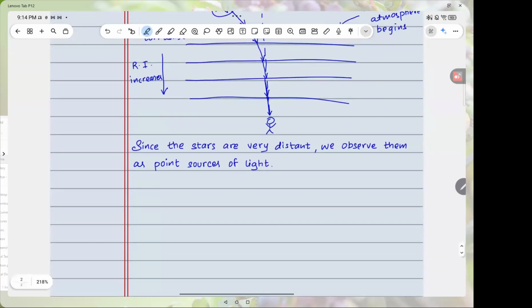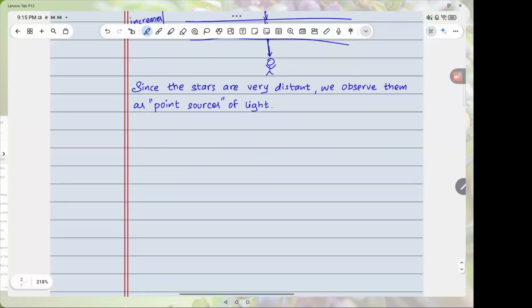So we observe them as point sources, and due to the atmospheric refraction, the apparent position of the star also changes. It fluctuates. Okay, and the amount of light from the star that we perceive in our eye, that's why it flickers. This is the reason that it sometimes appears brighter and sometimes appears fainter, creating a twinkling effect.